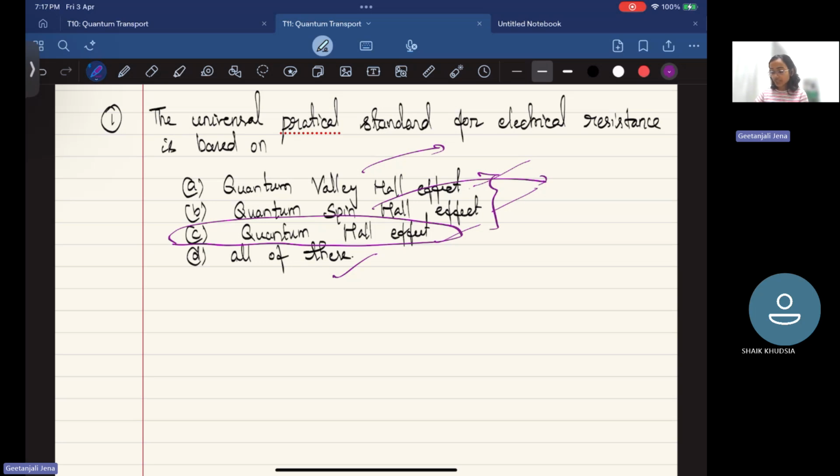So for resistance measurement, what we need is the quantum Hall effect. So the answer would be option C. Don't get confused between valley and spin. Although they say this is Hall effect, the mechanisms are quite different. That is why the answer would be option C.